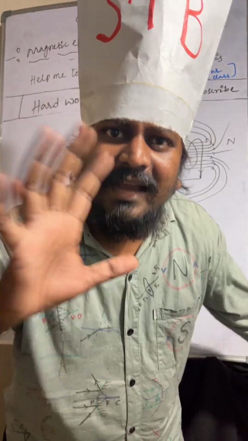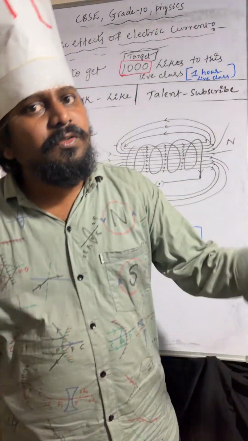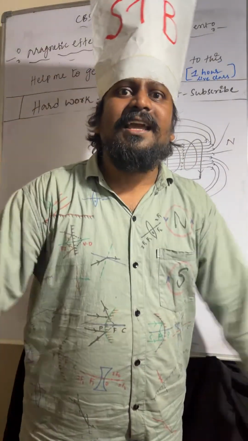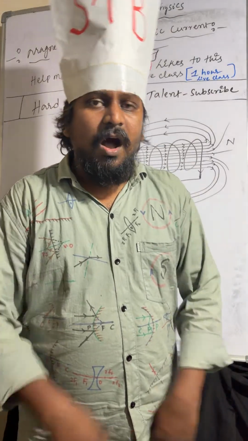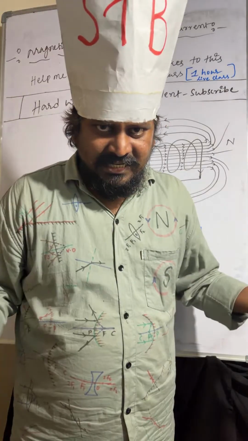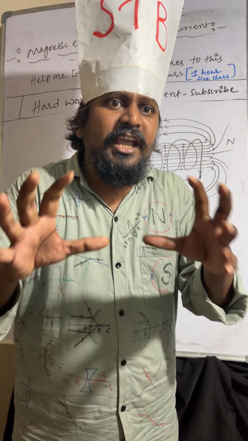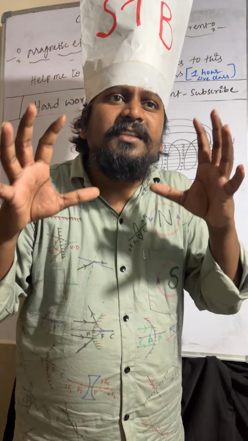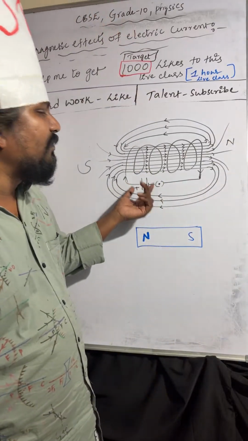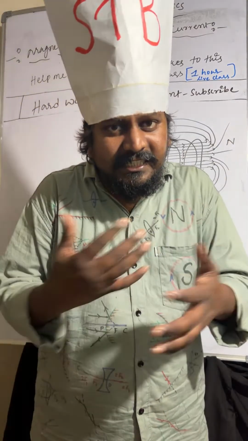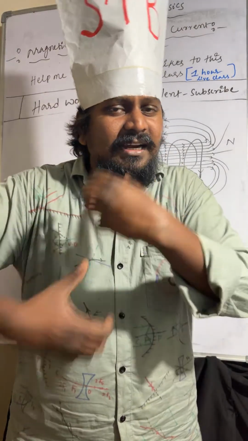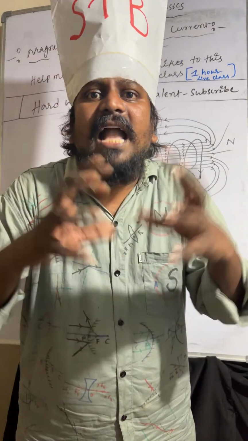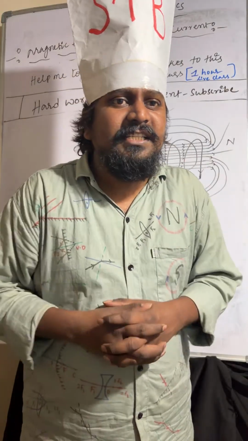But for solenoid, we can change the poles. How can you change? By changing the magnetic field direction, by changing the current direction. If you change the current direction, magnetic field direction also changes.